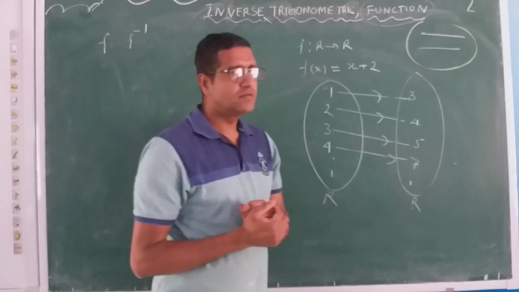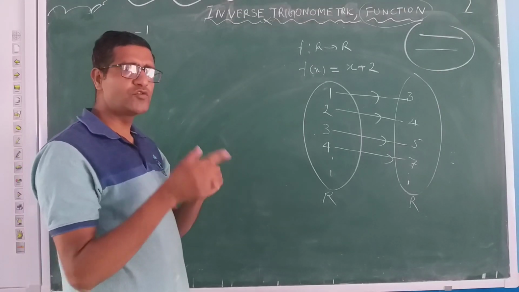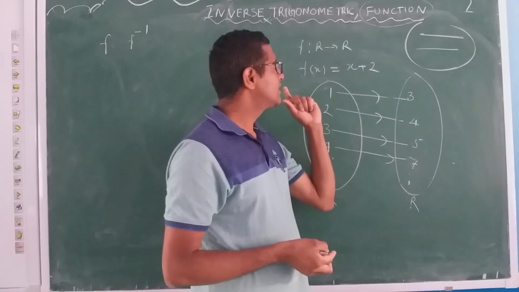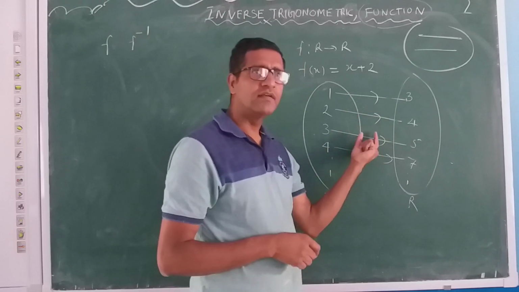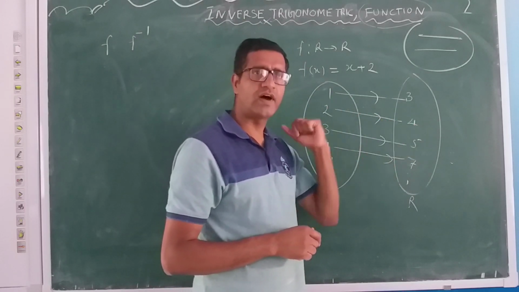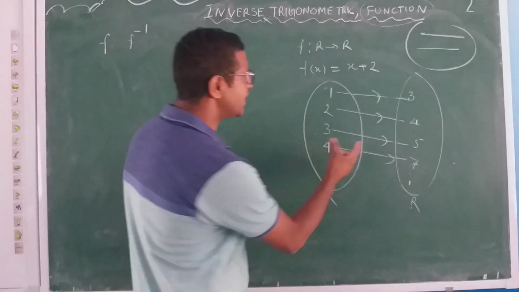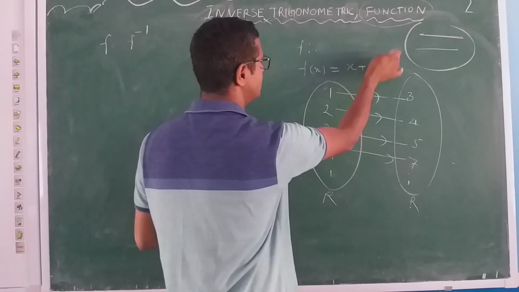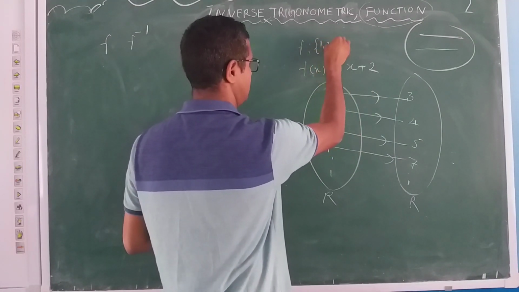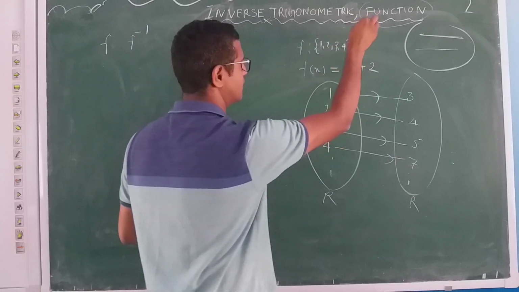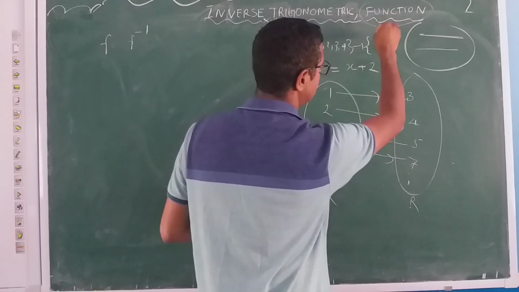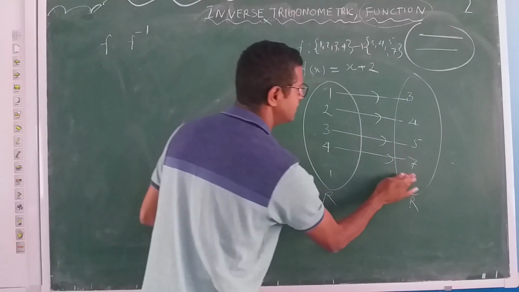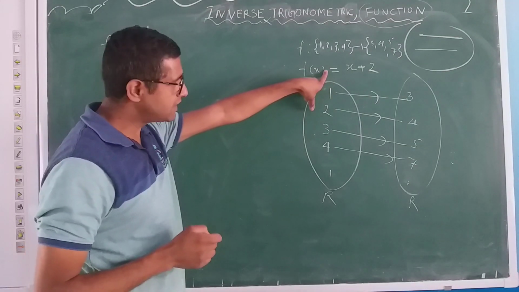So my dear student, for any function to be invertible, it is essential that it be one-one and onto. Why? For an invertible function, let us suppose this function is from domain 1, 2, 3, 4 to codomain and range 3, 4, 5, 6.